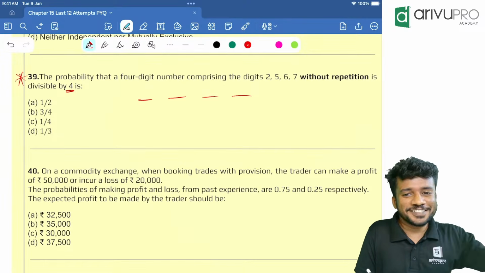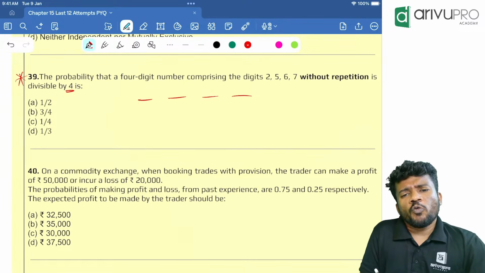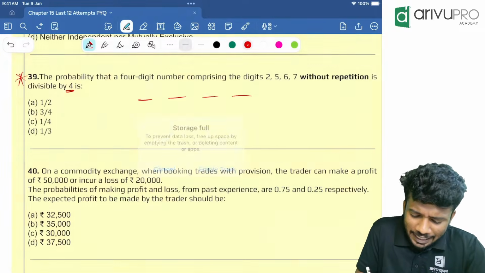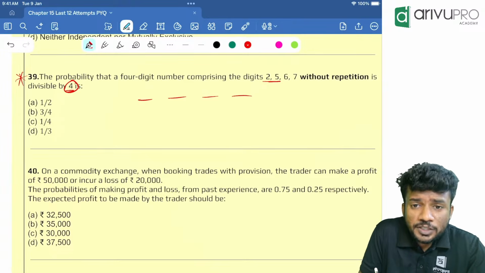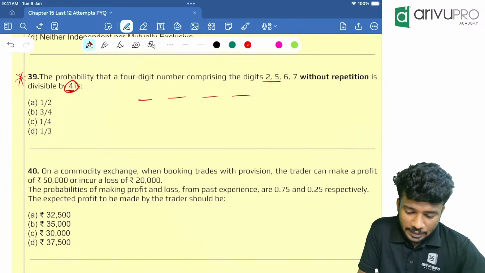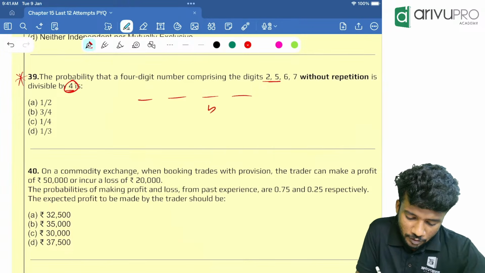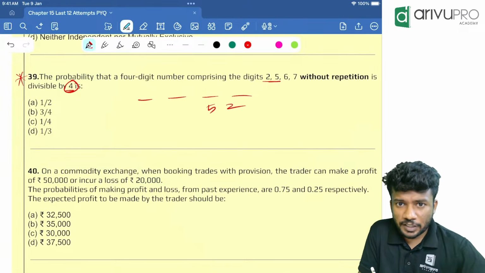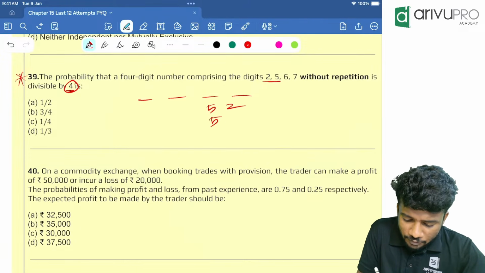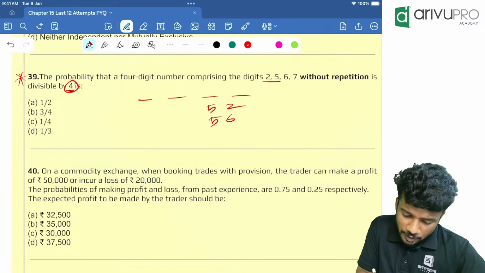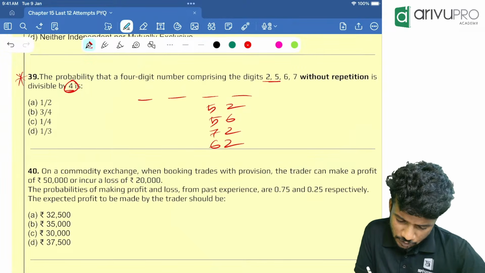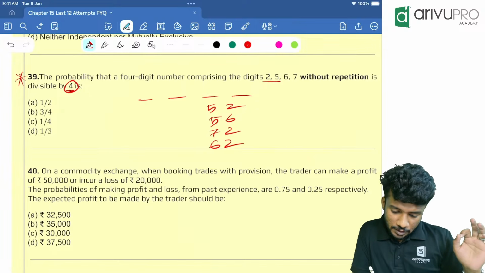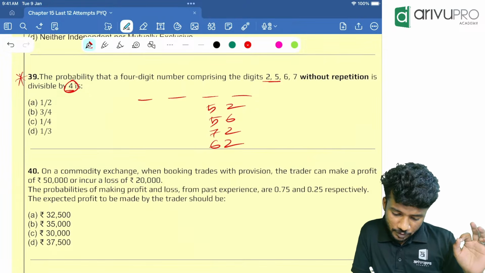When is a 4-digit number divisible by 4 from the given digits? The last 2 digits should be either 52, or 56, or 72, or 62. Yes, 62.